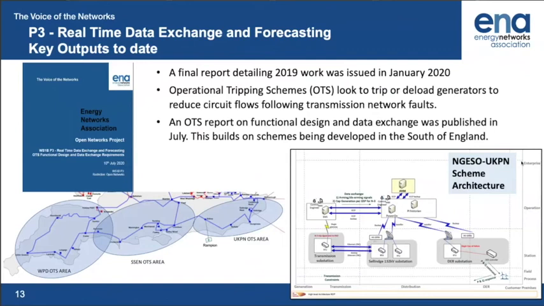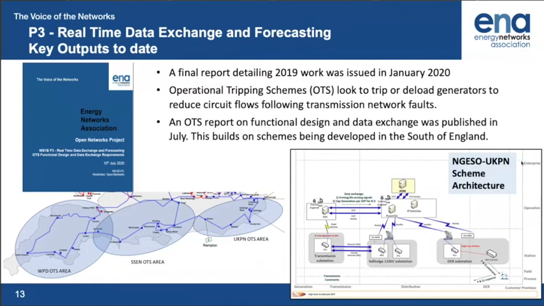So it's looking where there might be an overload following a system fault or outage condition, where if you can trip some generation, and that generation may be transmission connected or could be distribution connected, then you can manage down the overload. And what that lets you do is make better use of the transmission capacity and ultimately connect and operate more generation and demand.